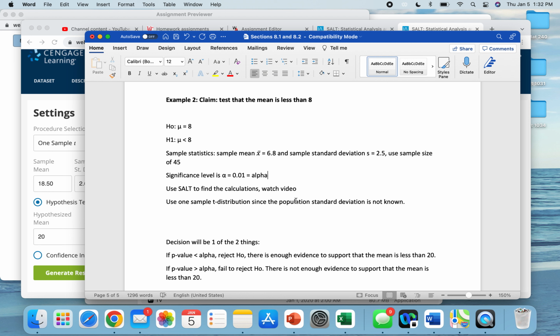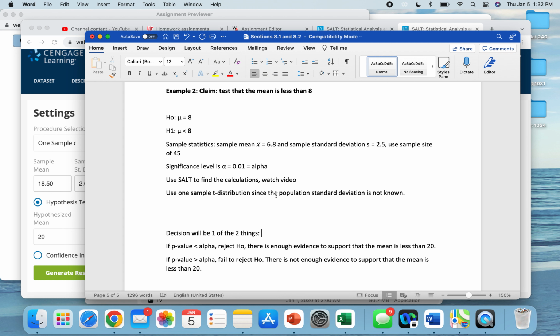We would do the same thing there. Click on SALT and put in our values. Sample mean is the X bar, sample standard deviation is the S, and put in your sample size. Make sure you have equal to 8 and less than 8.